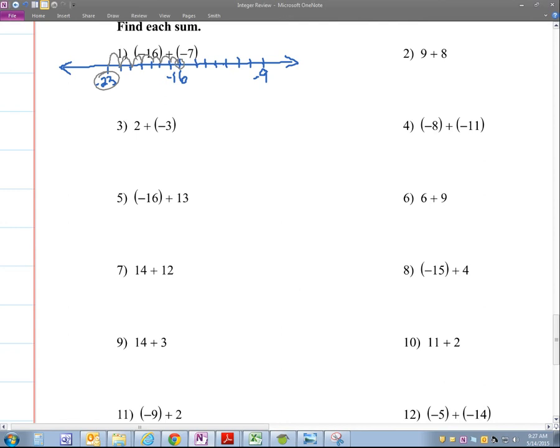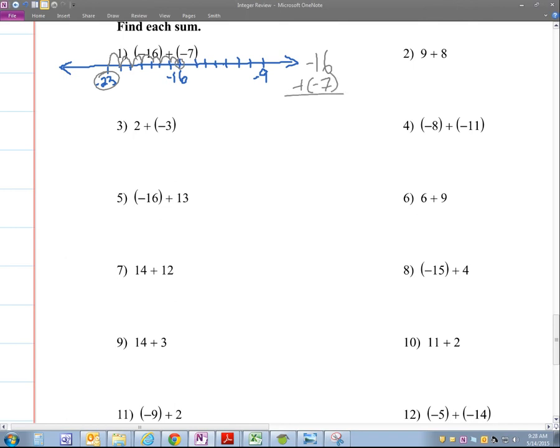Now let's stack them. We showed on the number line how it's negative 23. And I could stack plus negative 7.